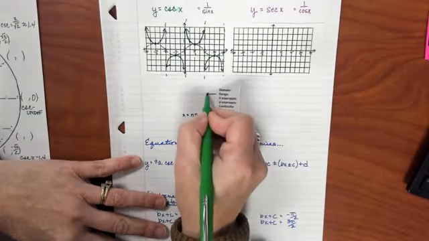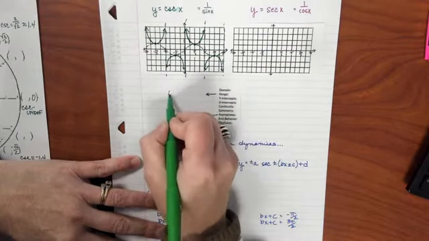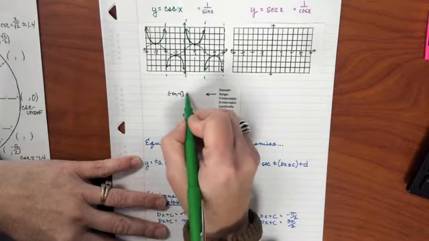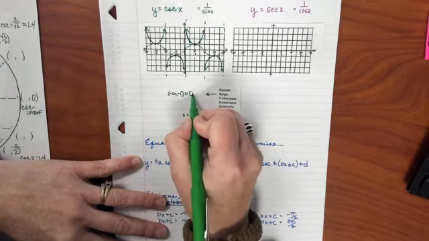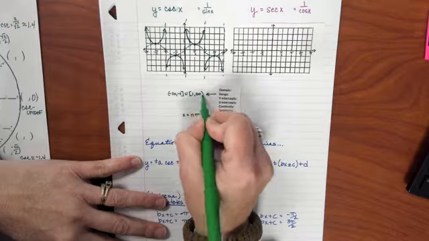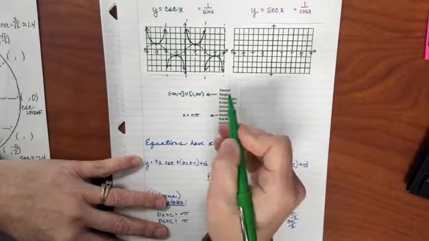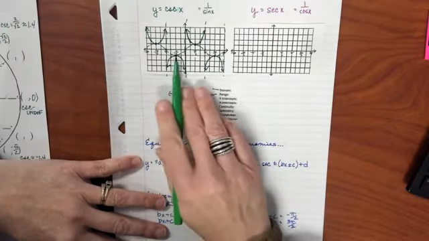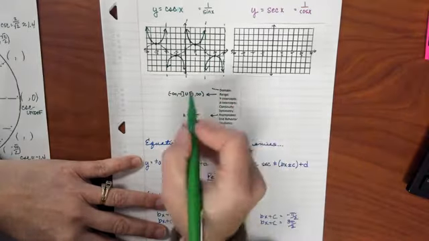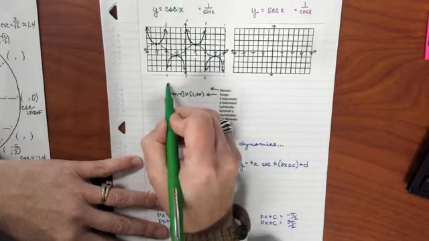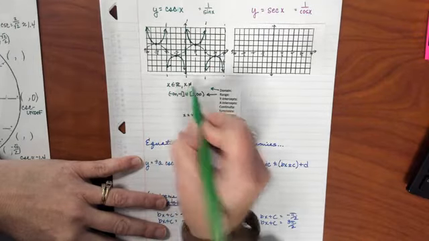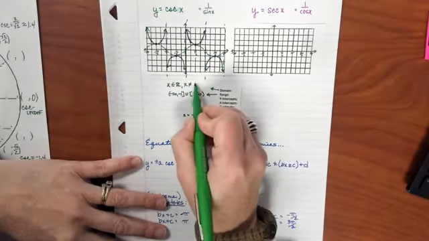So let's mark our range: negative infinity to negative 1, and it includes the negative 1, or 1 to infinity. The domain is anywhere except those asymptotes. So x is all real numbers, except it cannot equal a multiple of pi.